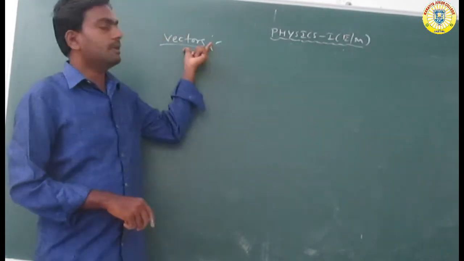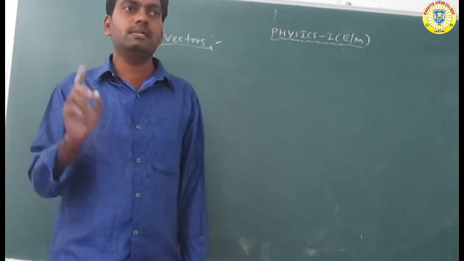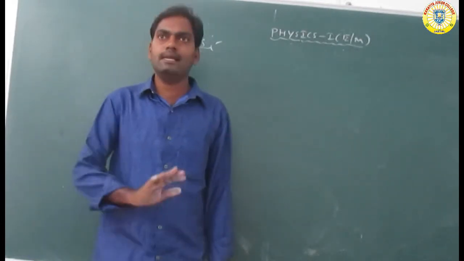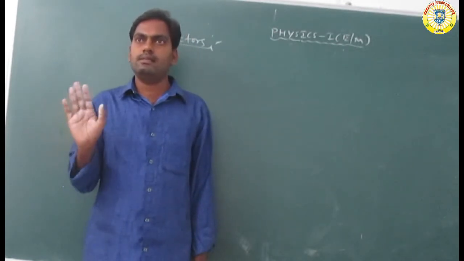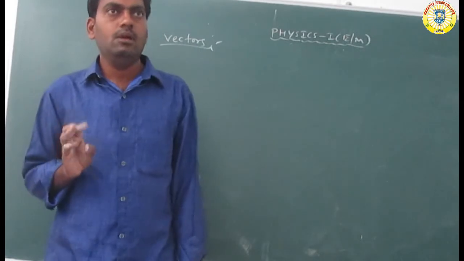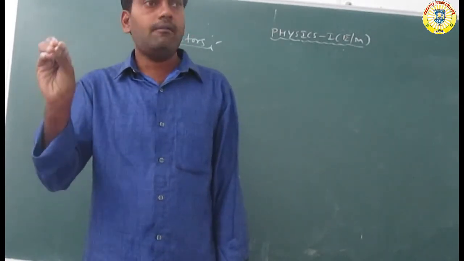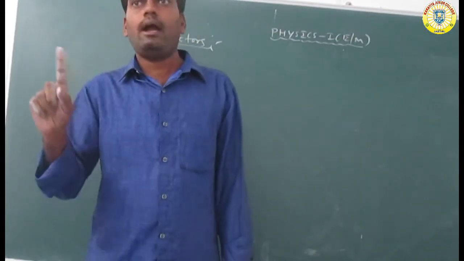One is vectors, another is scalars, and a third part is also possible, that is tensors. But at the intermediate level we do not use tensors, only vectors and scalars. So a vector means a physical quantity having both magnitude and direction.